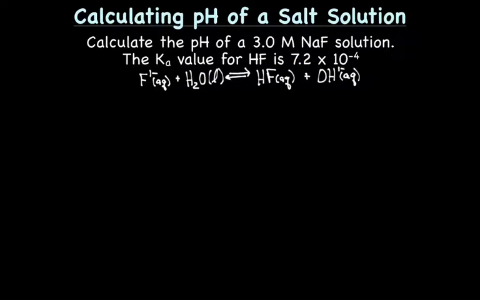So now we can just use our RICE table and figure out the pH. So we know our reaction is F1 minus. We can ignore the H2O because it's liquid. We have HF and we have OH 1 minus.